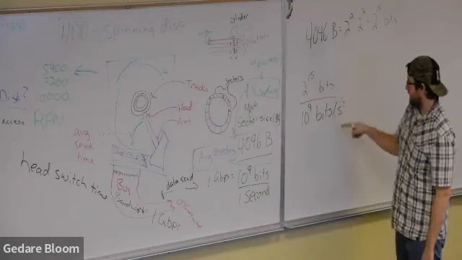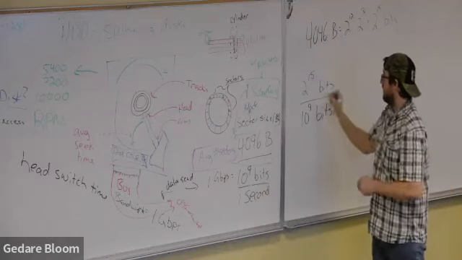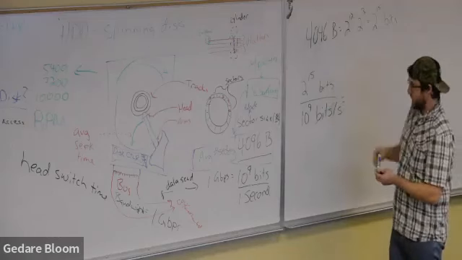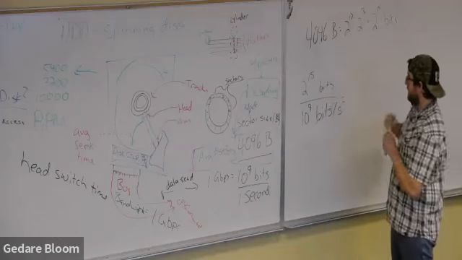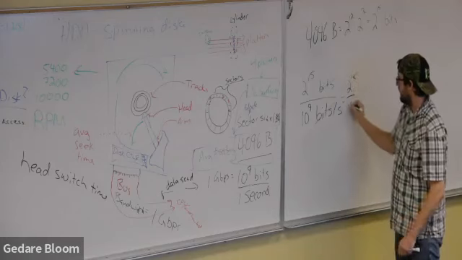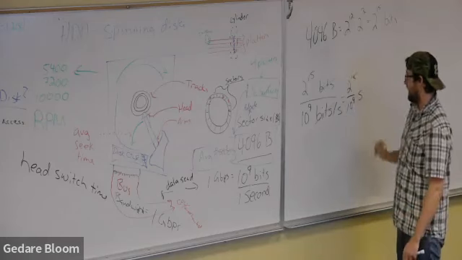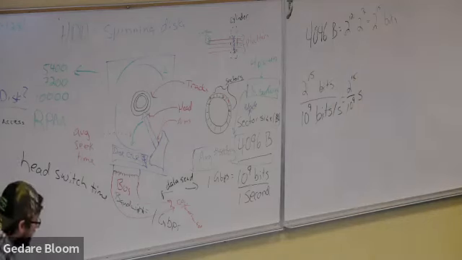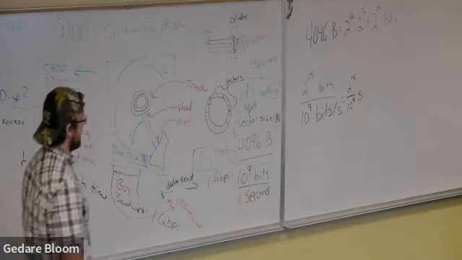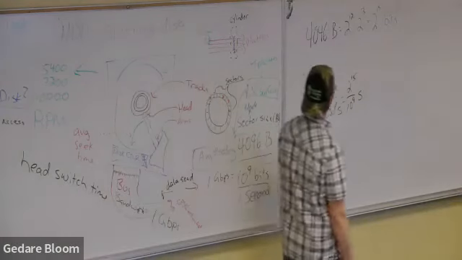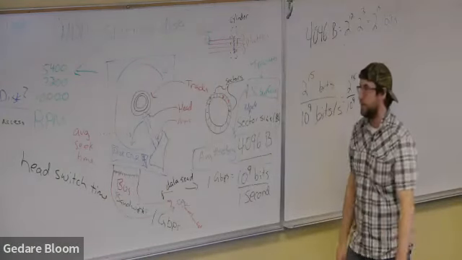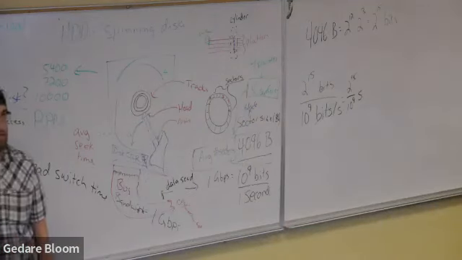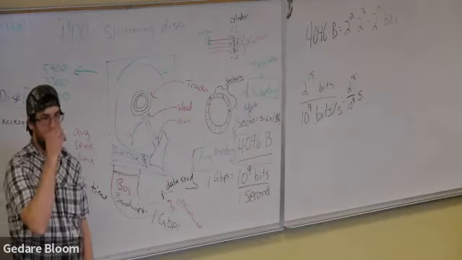That's going to cancel out my units there, and per second comes up, giving me 2 to the 15th divided by 10 to the 9th seconds. That's my answer. So we've got this amount of time. That's how long it takes us to transfer a block. So that is our bus transfer time, or our bus access time.